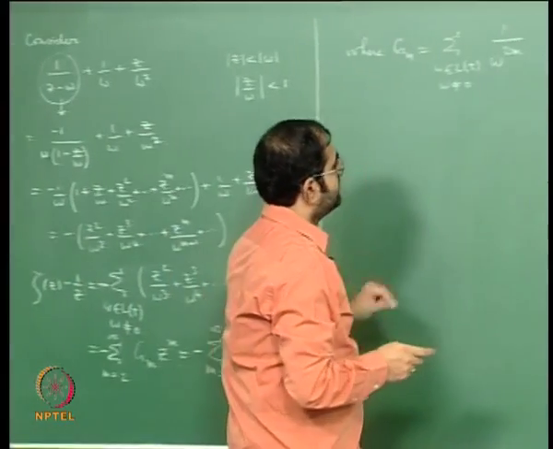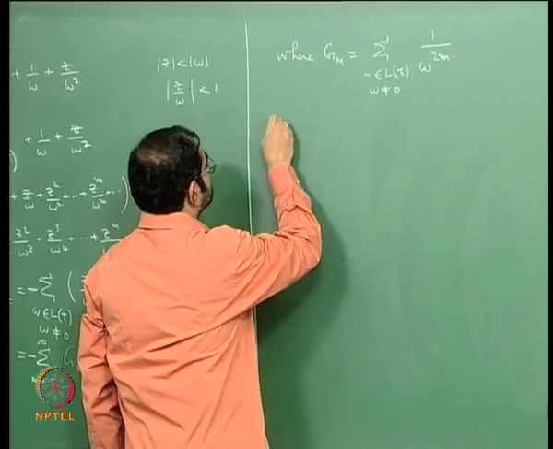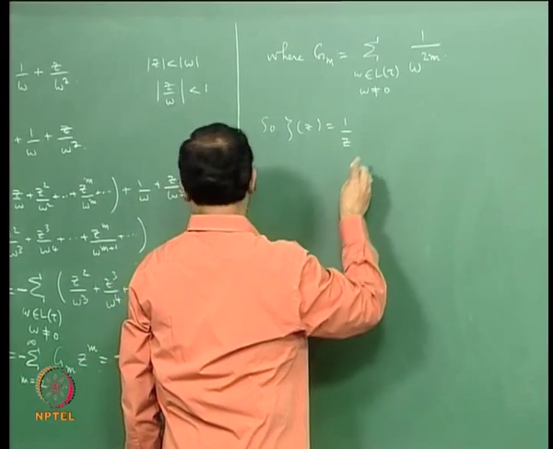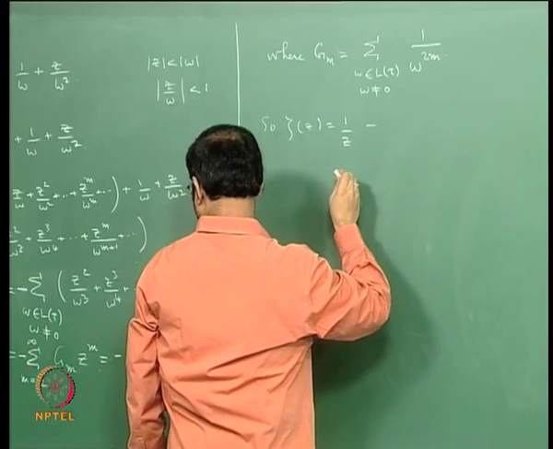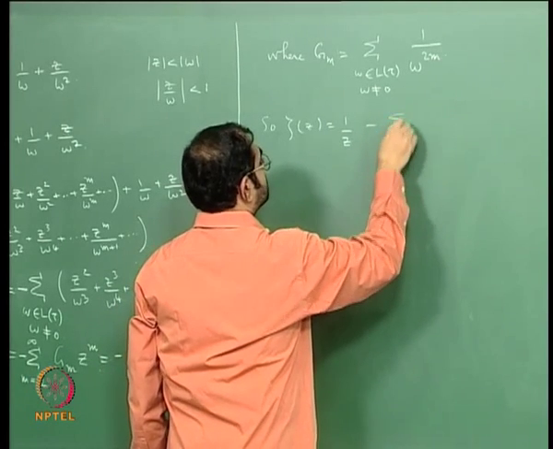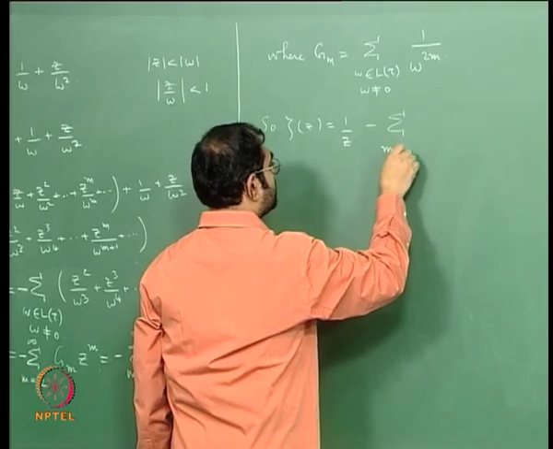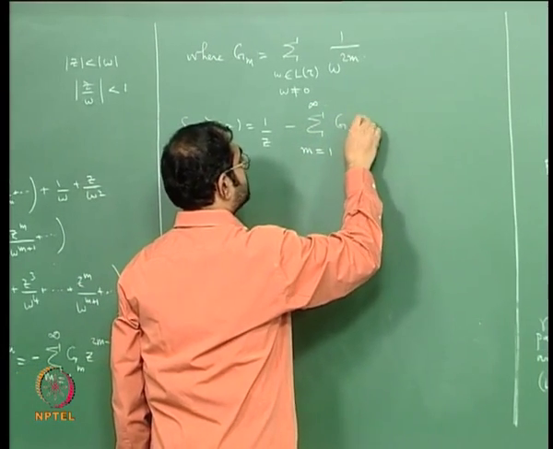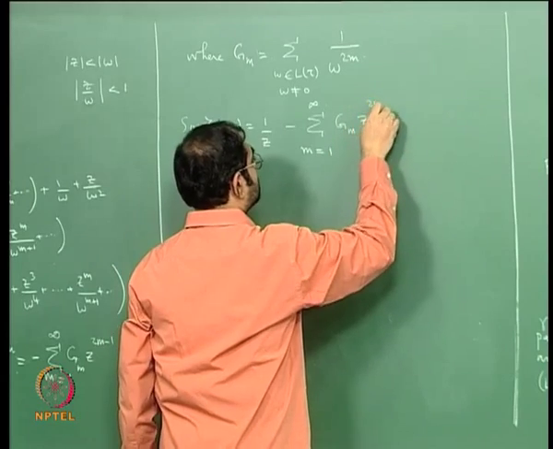So we get this, let me write it out. You get zeta of z is equal to 1 by z minus sigma m equal to 1 to infinity g sub m z power 2m minus 1.